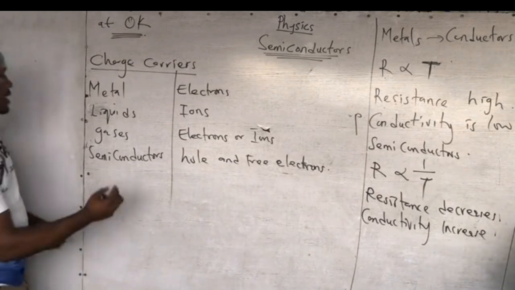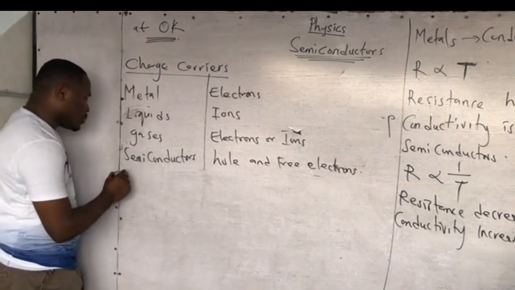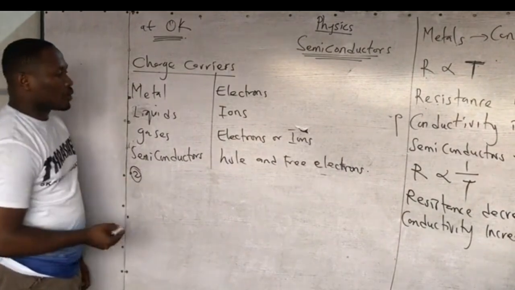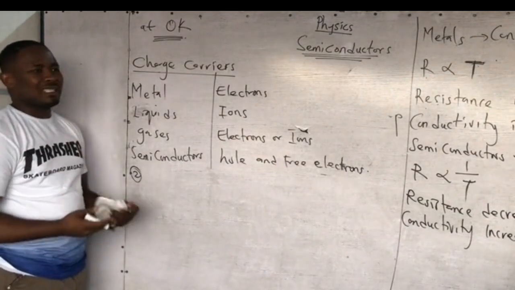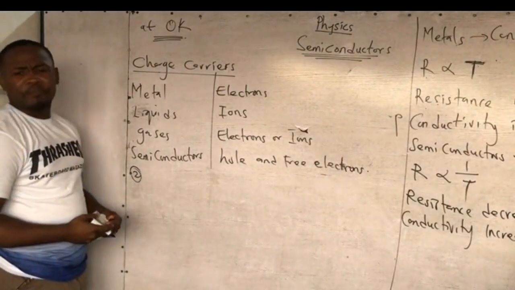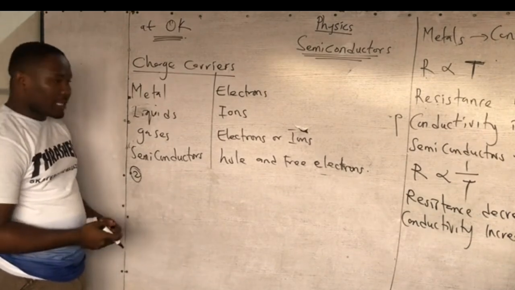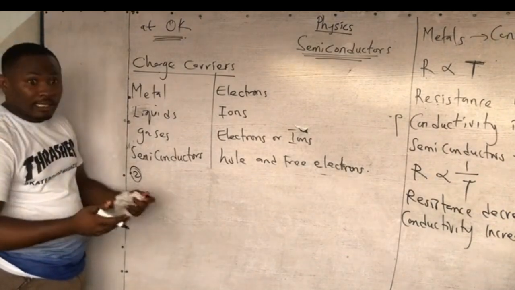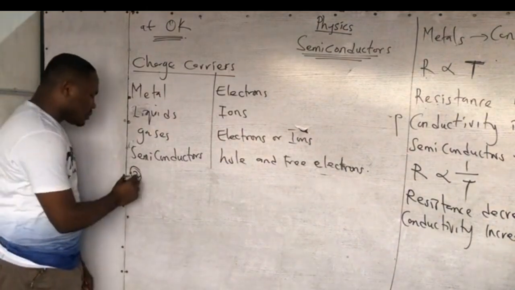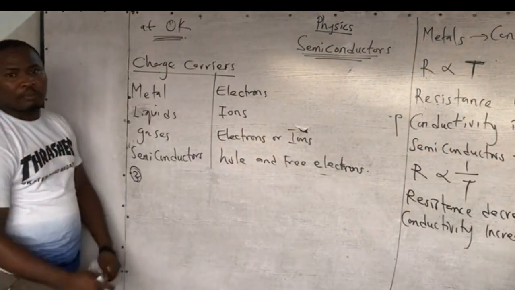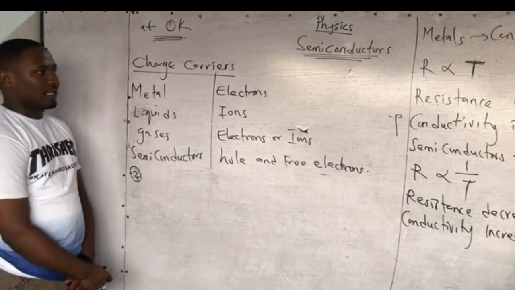Now, what about a semiconductor again? What I'm doing now is giving you properties of semiconductors. A semiconductor can exist as a crystal lattice. Another good point about semiconductors is that they have covalent bonds in them.